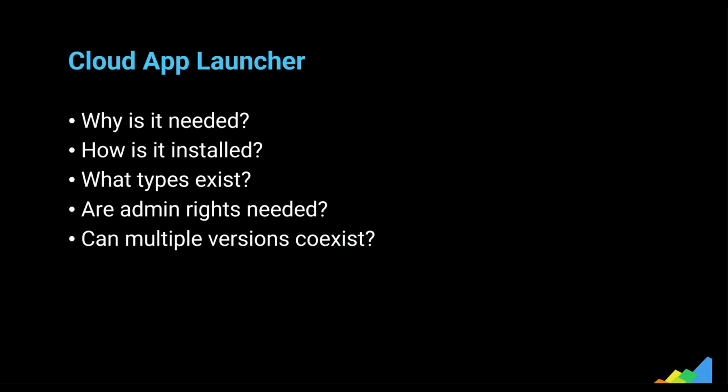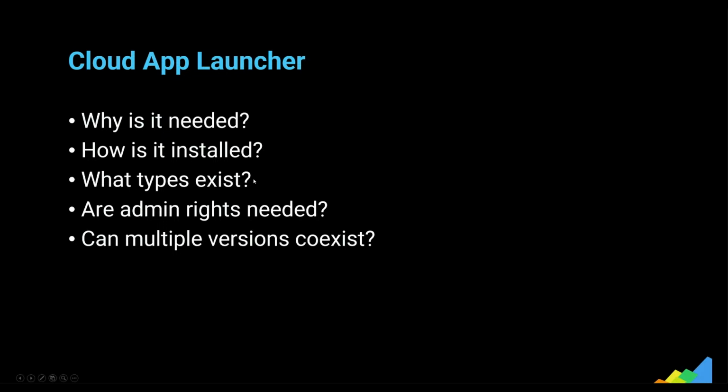So why it is needed? It's needed because it's a loader. It's a helper app that downloads, installs, runs, and updates the installable cloud apps. And how it is installed, it can be opened via the web browser or installed separately. What type exists? There are two versions.